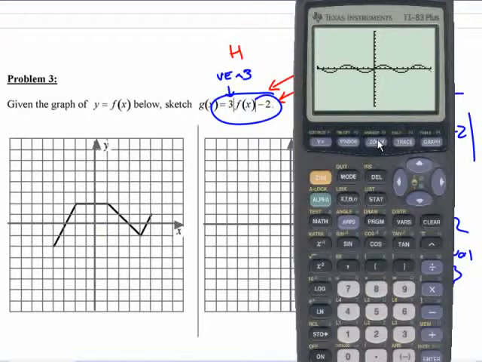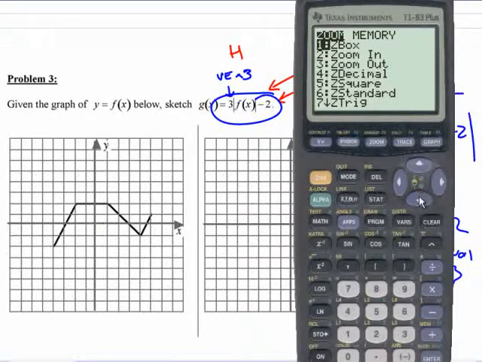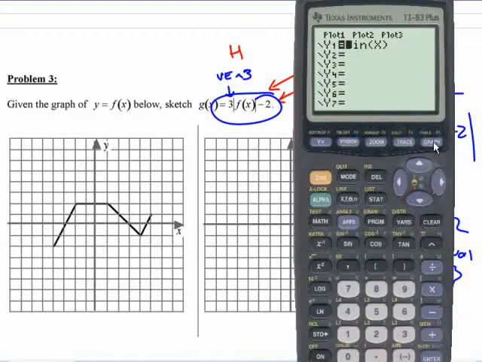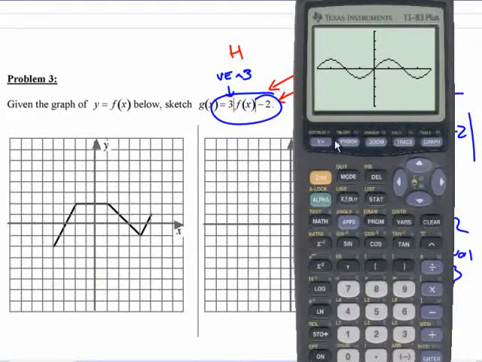I'm going to do a different zoom so you can see it a little more close up. I'm going to do zoom trig. You have no idea what that function is, maybe. But you do know that having seen it, there's what it looks like.